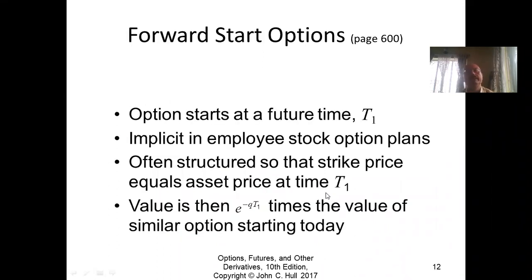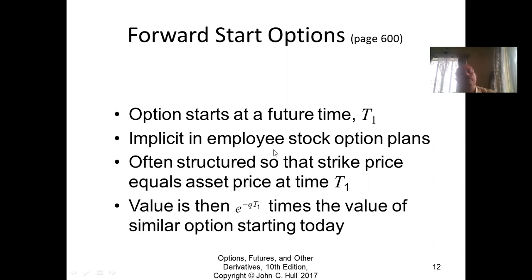Forward start option is like an initial lockout. So the option starts at a future time. And as I said, these are usually the contractual arrangements for employee stock options. The employee stock options typically kick off after a few years of service. So you are entitled to stocks, but you don't get them immediately.